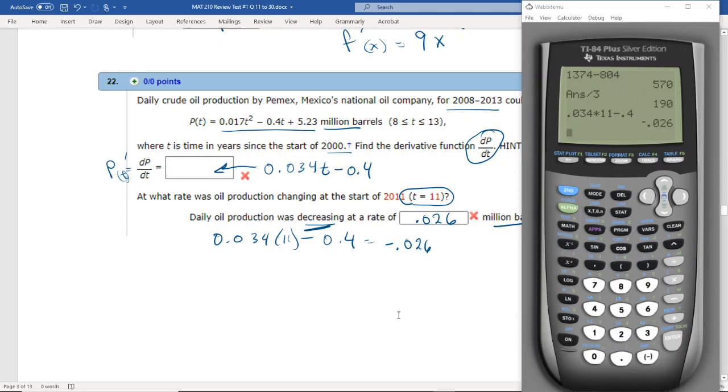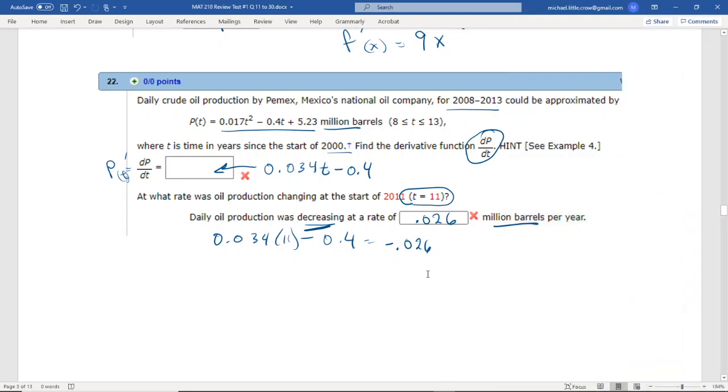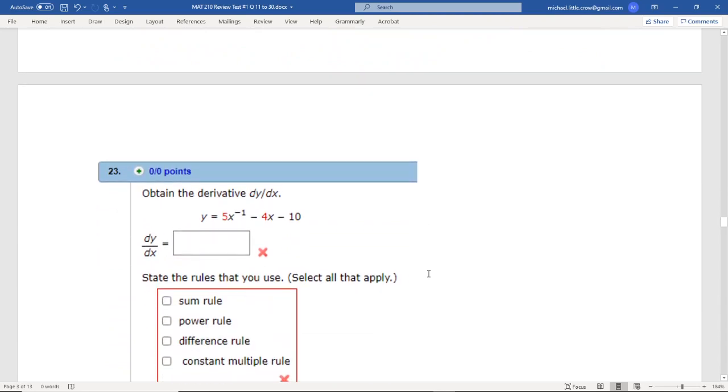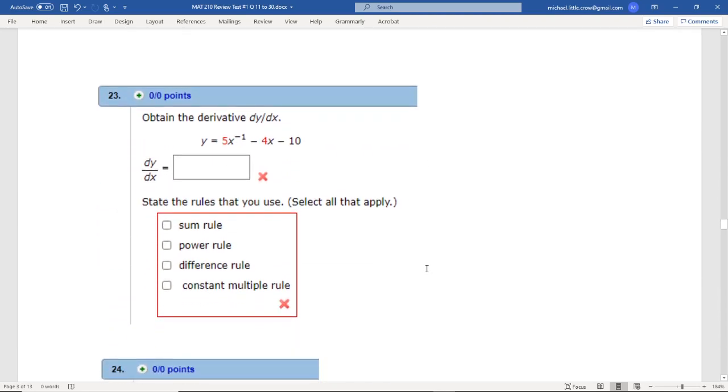That's 22. 23. Obtain the derivative dy/dx. Again, this can be written as y prime either way. So we're just bringing the exponent down and subtracting 1.